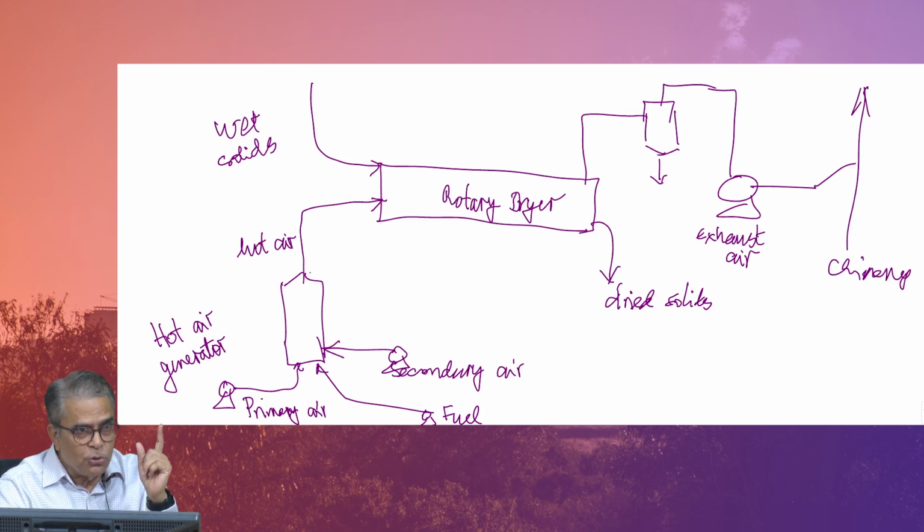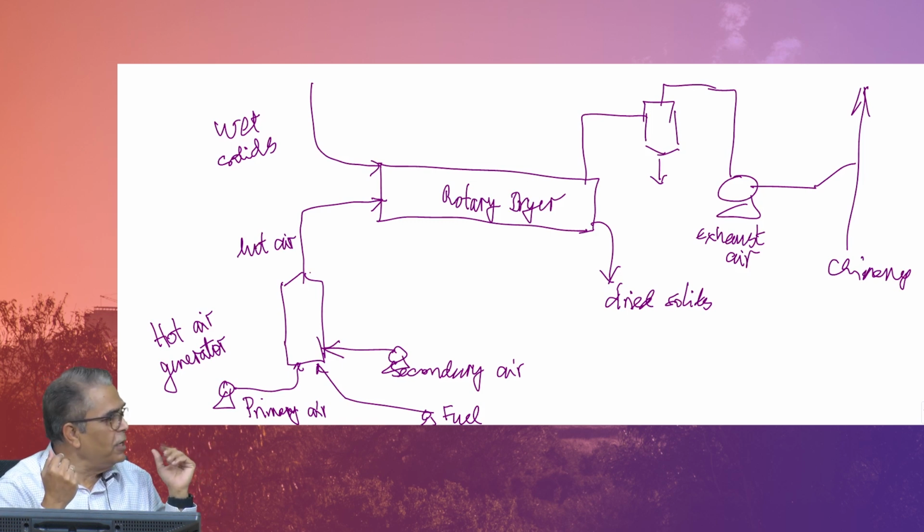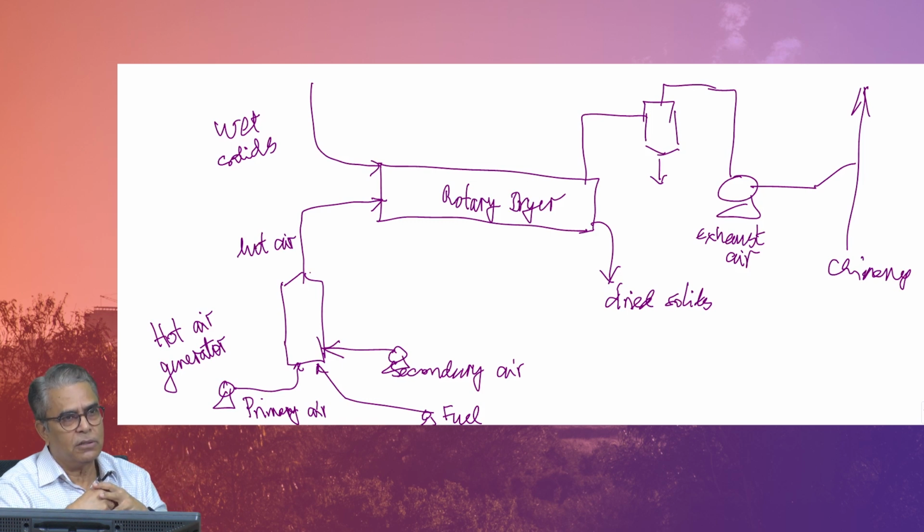The connection to this rotary dryer question is that the dryer chapter is very nice there. All sorts of dryers are there, tray dryers, spray dryers, flash dryers, fluid bed dryers, all kinds. Rotary dryer is used in those applications where the material to be dried is a granular solid, so that it can flow. First requirement, the solid should flow.